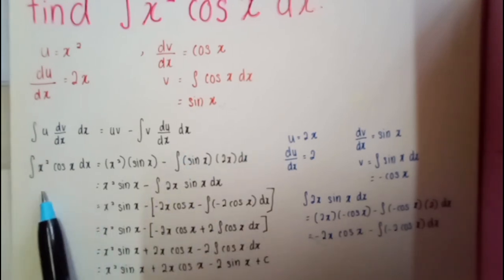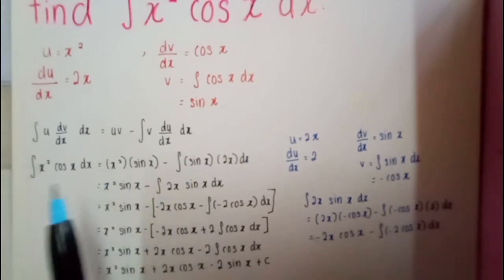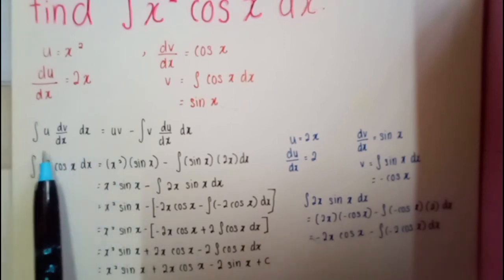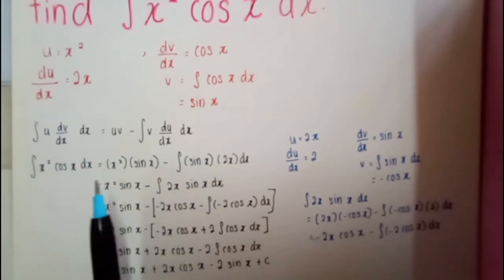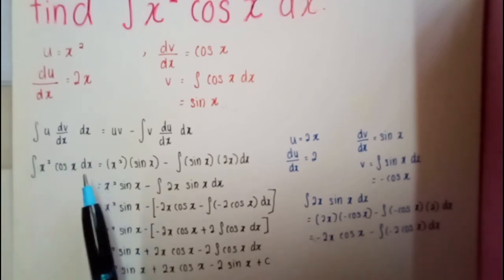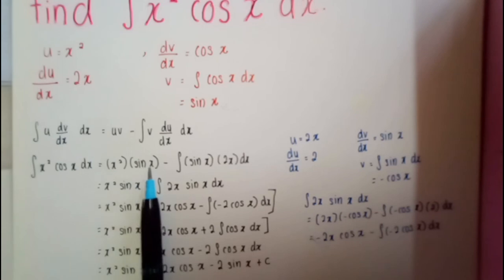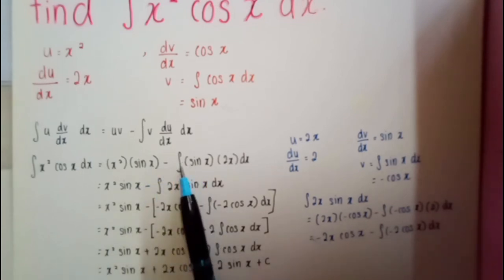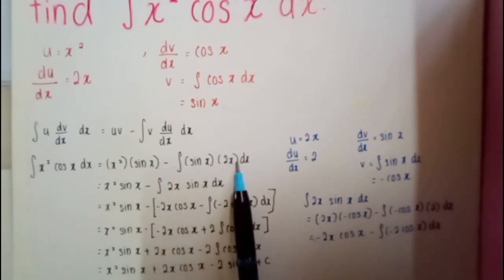Now, based on our question, we substitute everything into this general formula, and we will have integrate x squared cos x equals x squared times sin x minus integrate sin x times 2x.